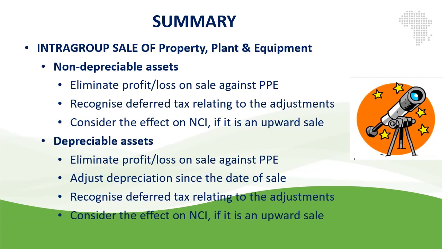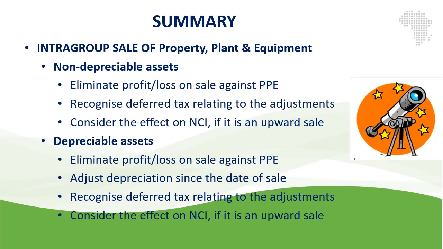In summary, we've learned in this lesson that when you've got an intragroup sale of a non-depreciable asset, you need to eliminate the profit or loss on that particular sale against the PPE item, and you need to recognize the deferred tax on those adjustments, and you also need to consider the effect on NCIs, particularly if it's an upward sale.